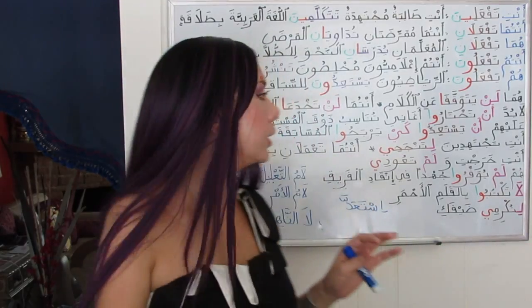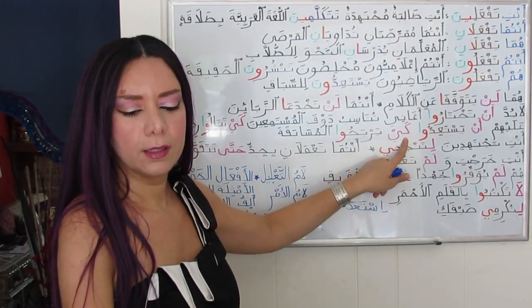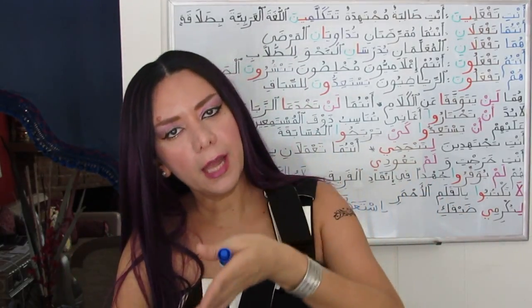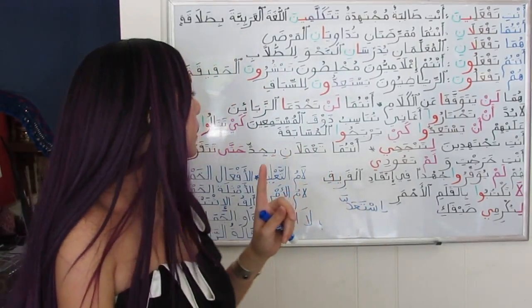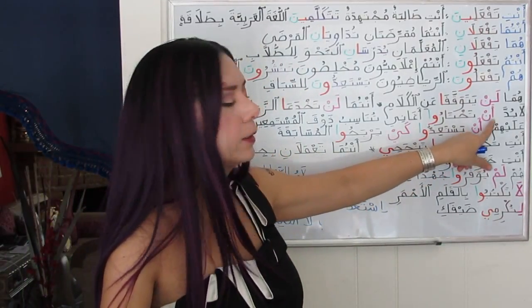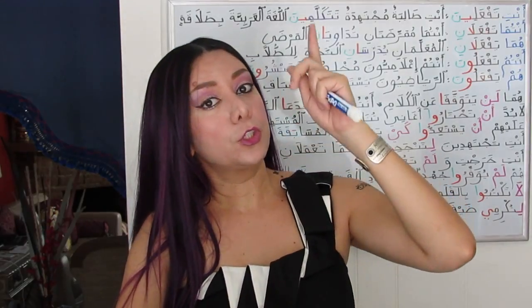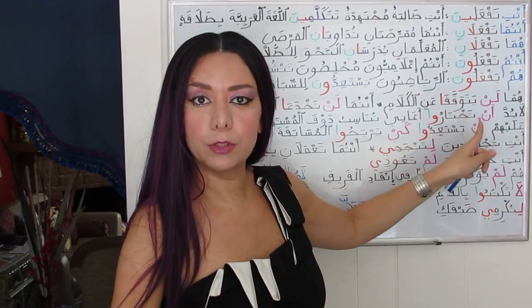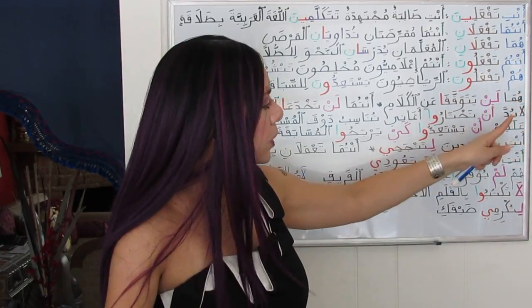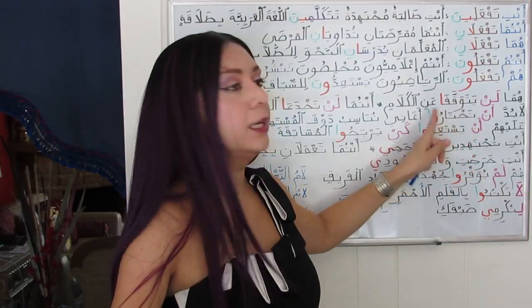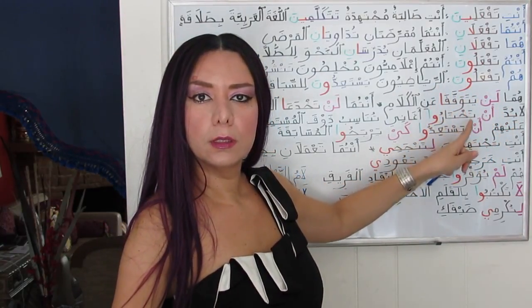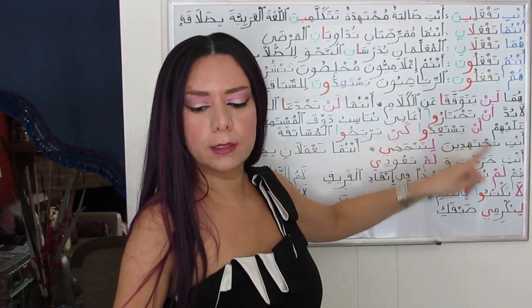Or the conjunction كي. Kay means in order to, or so that, or أن here, which puts the following imperfect in the subjunctive and is translated as the English infinitive. Remember? أن plus the imperfect subjunctive means that or to.